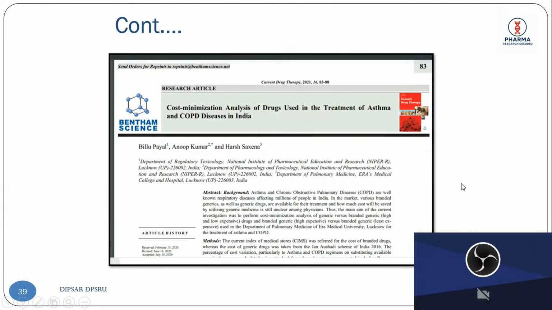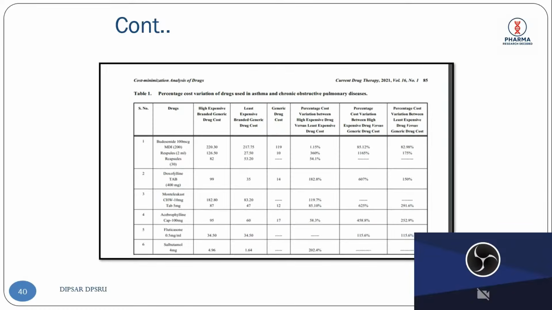So this is one of the simple studies we have done where we have compared the cost of the drugs in the treatment of asthma and COPD. So percentage of cost variations we have calculated and published it. These are some of the tables. You have to put that data into the tables, and then by those formulas you can calculate the percentage. So you can see that this is a highly expensive branded generic drug cost, this is the least expensive, these are budesonides, right?